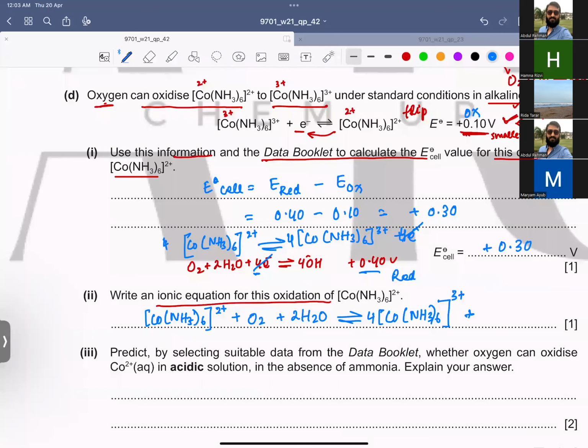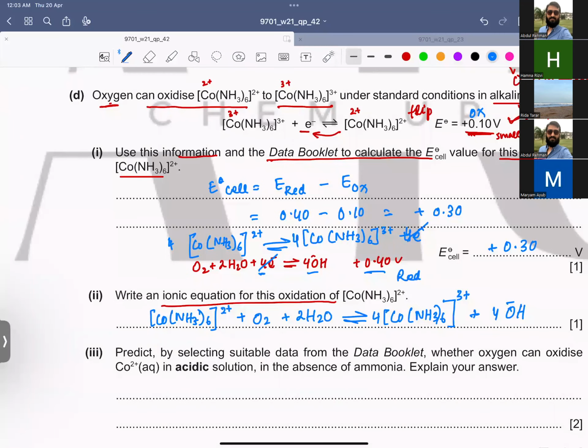Yes, is this equation clear to everyone? Yes, is this clear? Yes, sir. Okay.